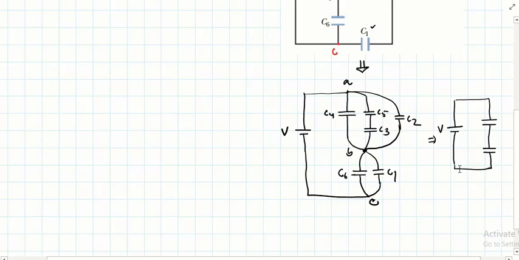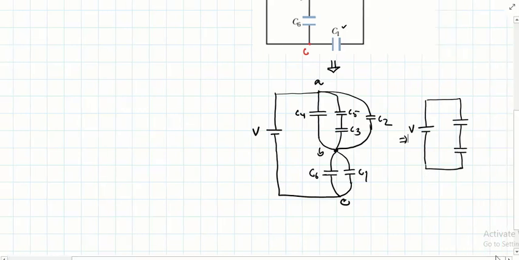So this one is the equivalent of, I'm sorry, we should write it as capacitance equivalent. This will be the C equivalent of 2, 3, 4, 5, and this is the equivalent capacitance of 1 and 6, and they are in series again.